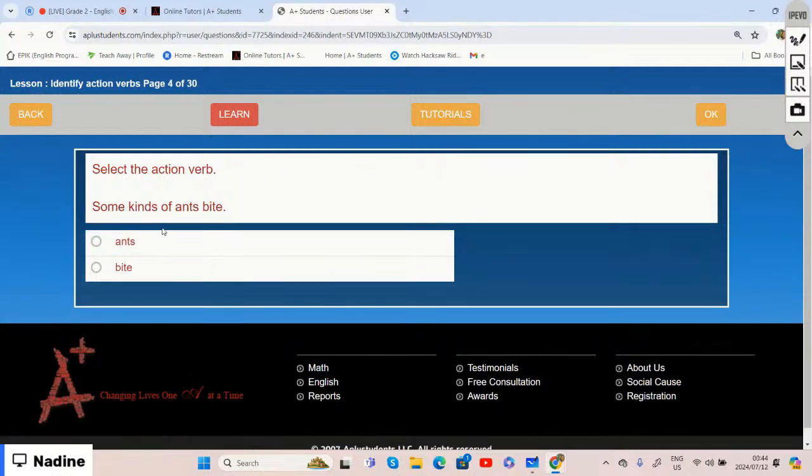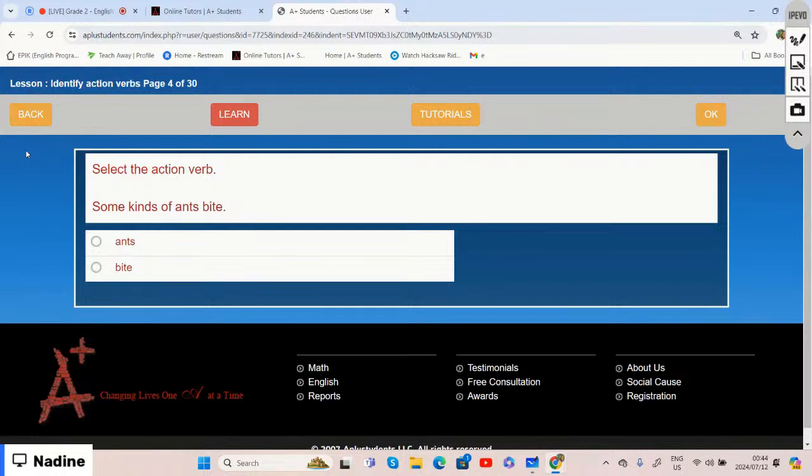Some kinds of ants bite. What is the action verb within that sentence? Is it ants or bite? Some kinds of ants bite.